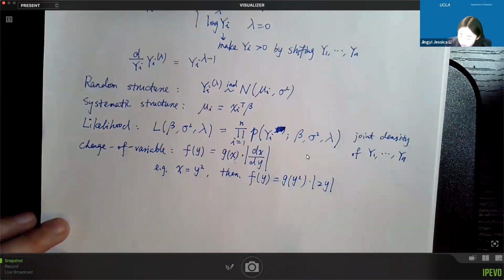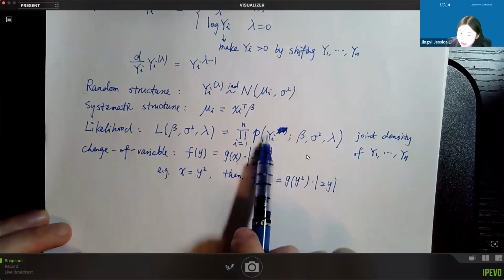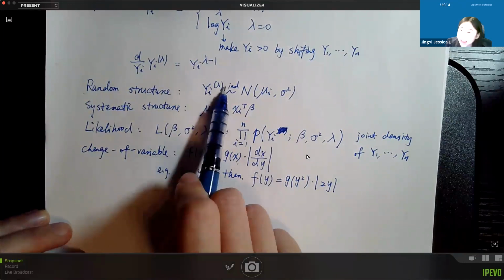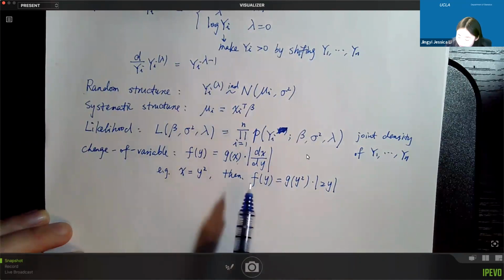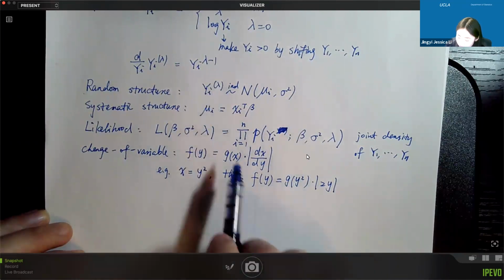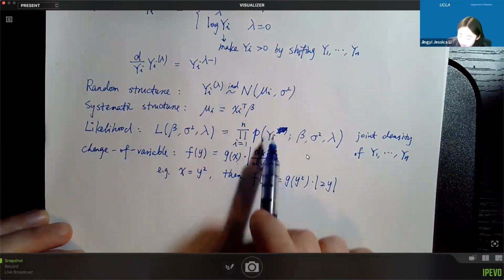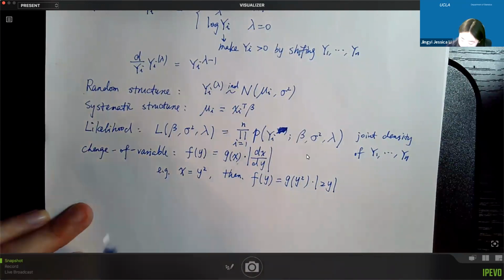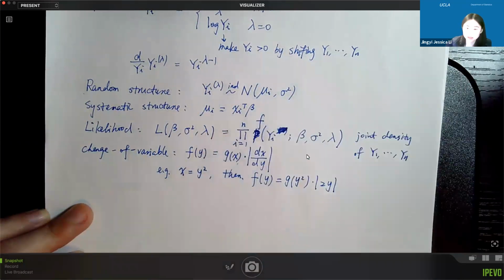So essentially, what we want here is to derive the density of yi given what we know of the density of yi lambda. So the density of yi lambda becomes our g, and the density of yi becomes the f we need. To help you understand this better, I'll call this f so that you are not confused.